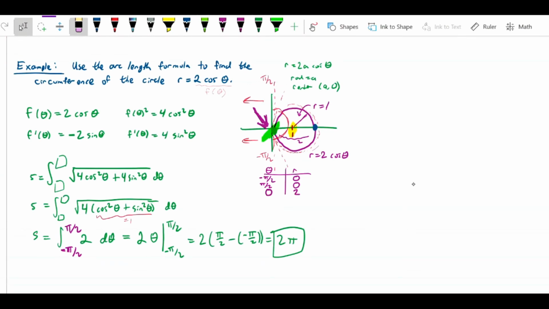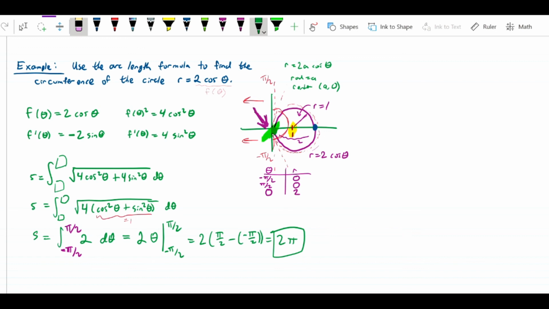So what's to understand in this problem? First of all, how to use the formula for arc length in polar coordinates. Second, I hope that you've gotten something out of this example in trying to understand the difference between the center of the figure we're drawing and this center of the universe that I'm pointing to with the purple arrow.